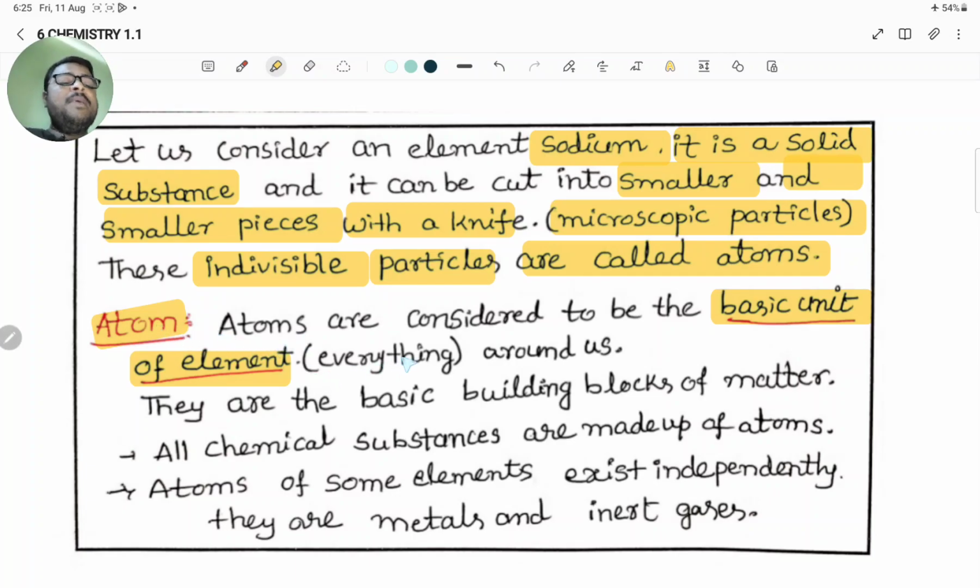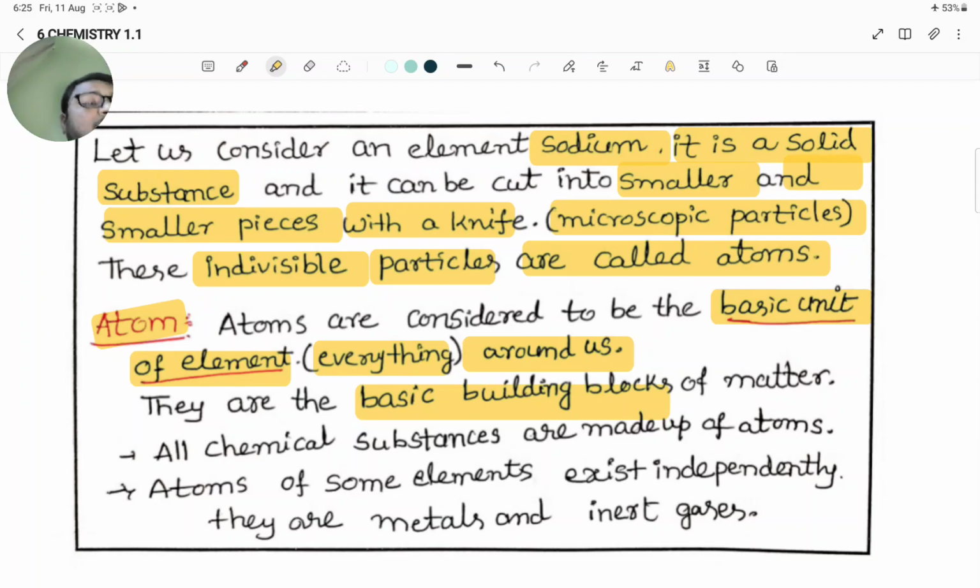Atoms are the basic building blocks of matter. Atoms are indivisible; we cannot divide atoms. Atoms are the smallest particles of an element.